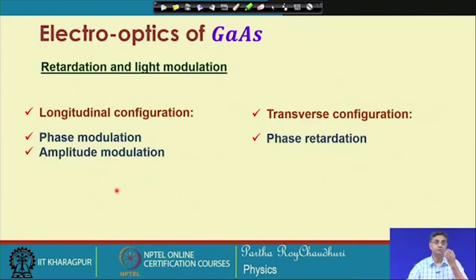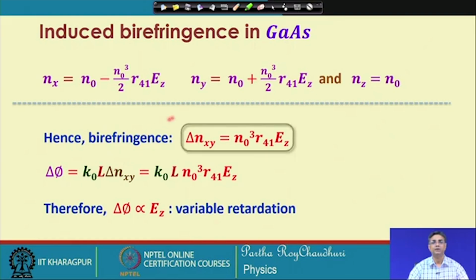We have seen that for this isotropic system, gallium arsenide, whichever direction you apply an electric field can be treated as E z, that is the z direction, and then you will have a new x and y system depending on the direction of the electric field, which will see the birefringence.